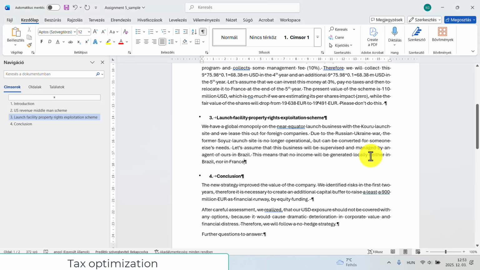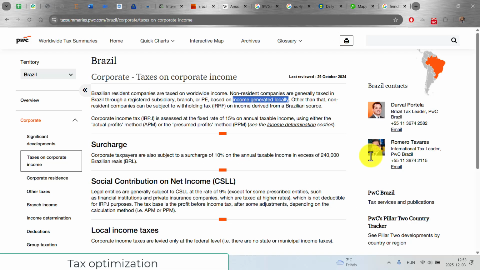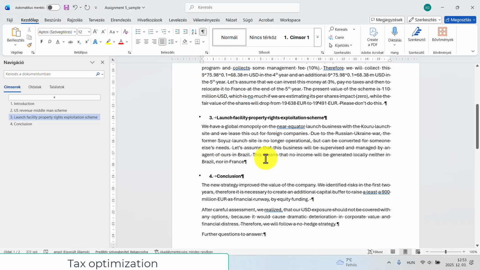So we are not subject to the 15% on annual taxable income, or even if we are, it's still lower than what we would get in France.